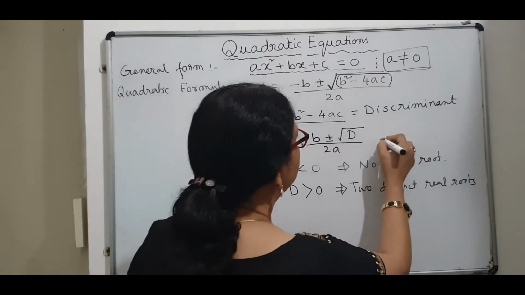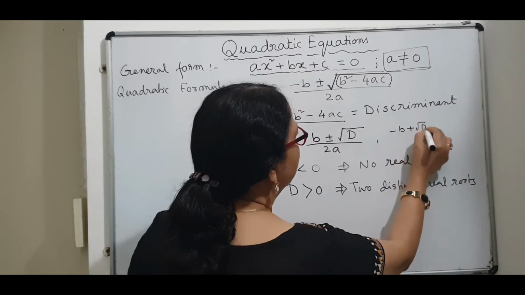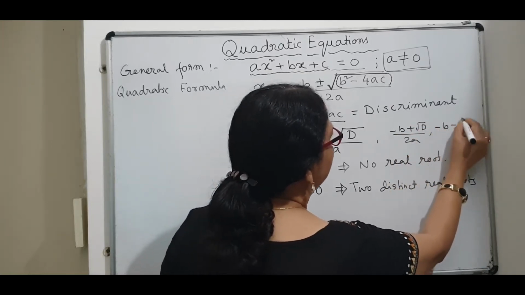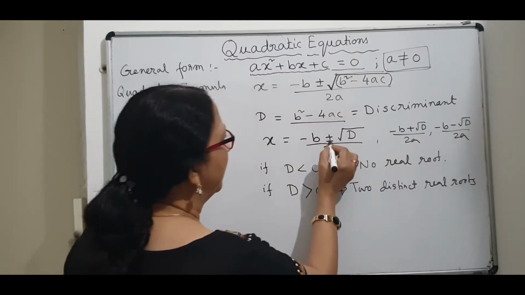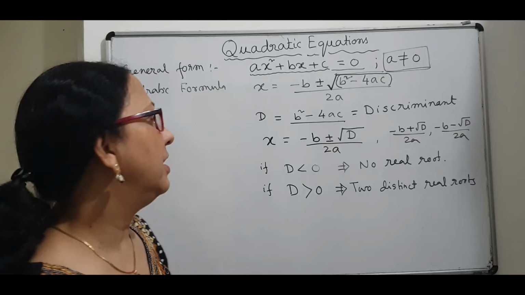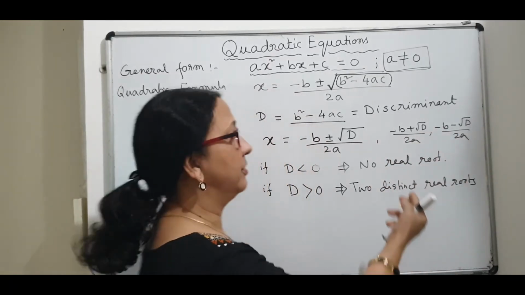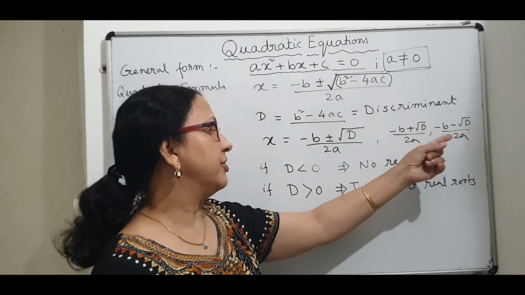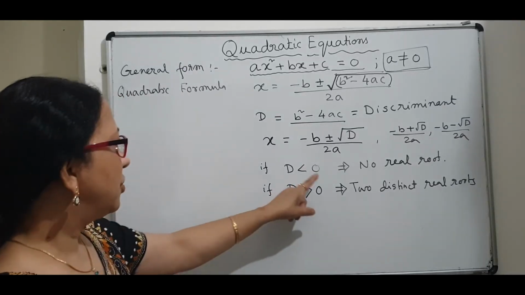The roots will be minus b plus root D by 2a, and minus b minus root D by 2a. They are conjugates of each other, and they may be rational or irrational depending upon whether D is a whole square or not. So these two conditions I got.